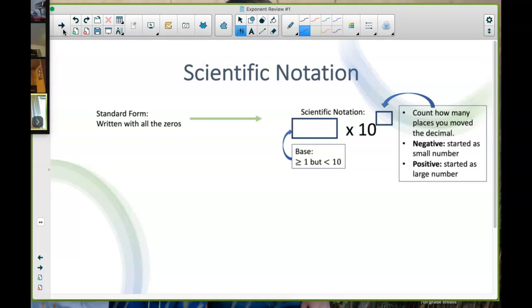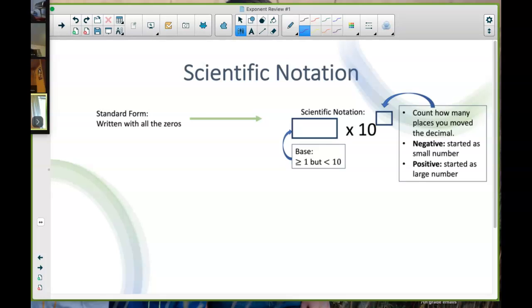Okay, so again, you should be writing these things down, you guys. Okay, so here's some examples you might want to write down.